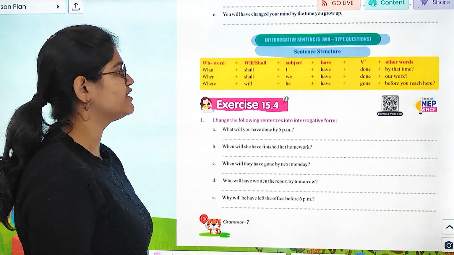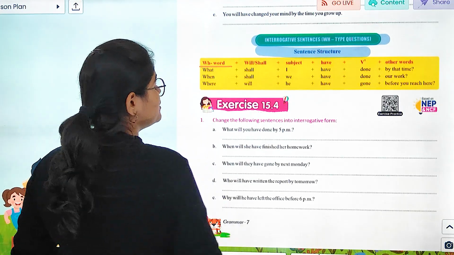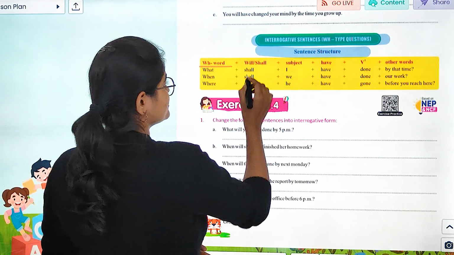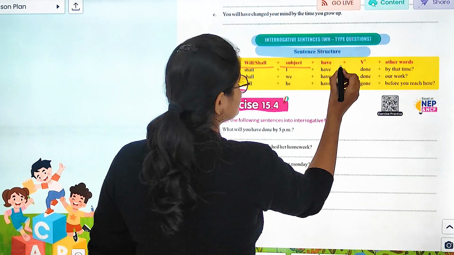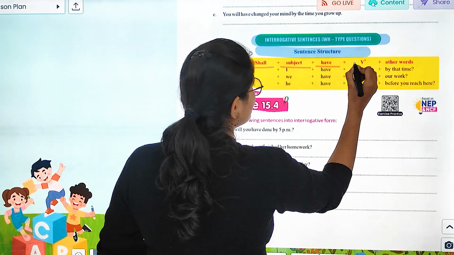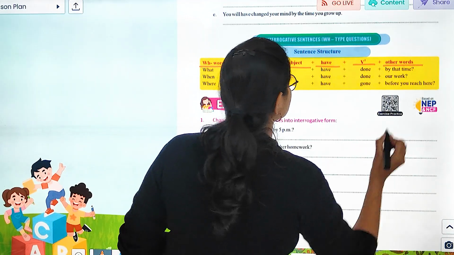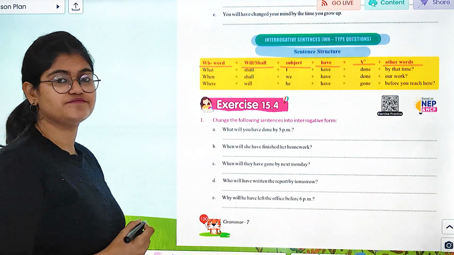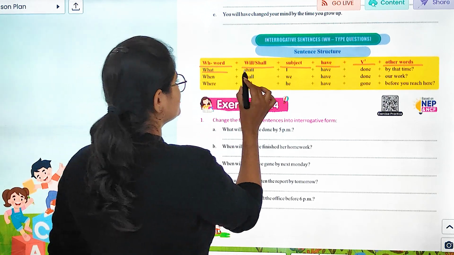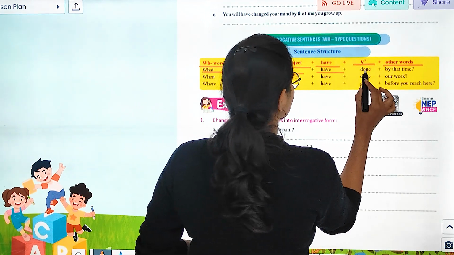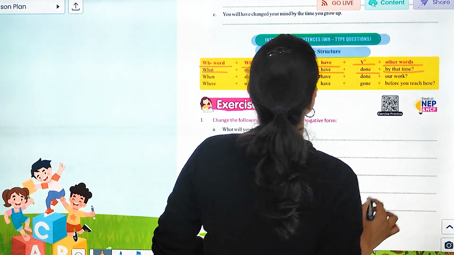So, let's read them very quickly. So, here we have the WH word plus will or shall plus the subject plus have plus verb form plus the other words, right? So, it is, what shall I have done by that time?